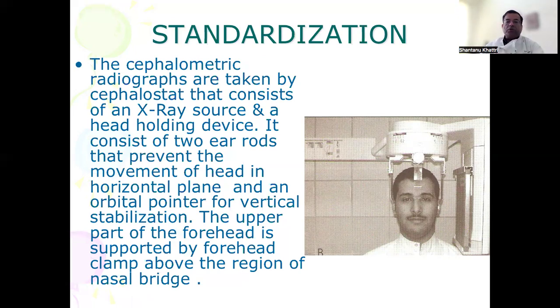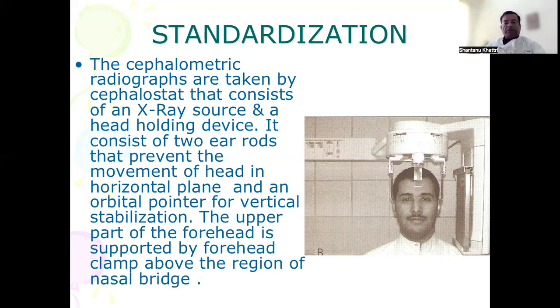It consists of two ear rods that prevent the movement of the head in the horizontal plane and an orbital pointer for vertical stabilization. As you can see, there are two ear rods for horizontal stabilization and one just between the eyes, that is the orbital pointer for vertical stabilization, so that the head is stable and the patient does not move in any way.